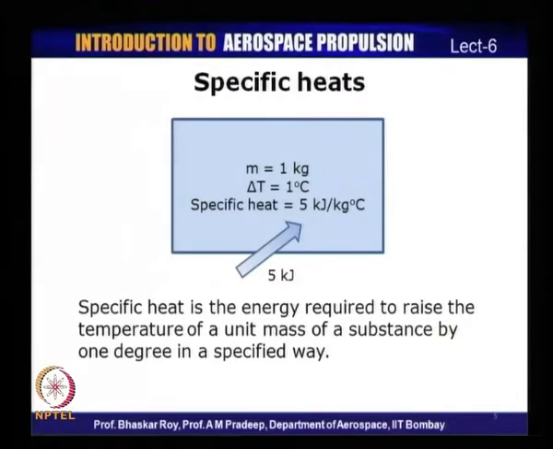And therefore, specific heat here would be the amount of energy required to raise the temperature of a unit mass, which is 1 kg here, by 1 degree Celsius in a specific way. And therefore, the specific heat for this particular process will be 5 kilojoules per kilogram degree Celsius. And this is how one would define specific heat for a particular process.